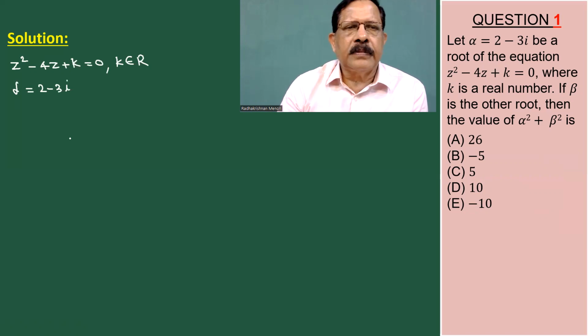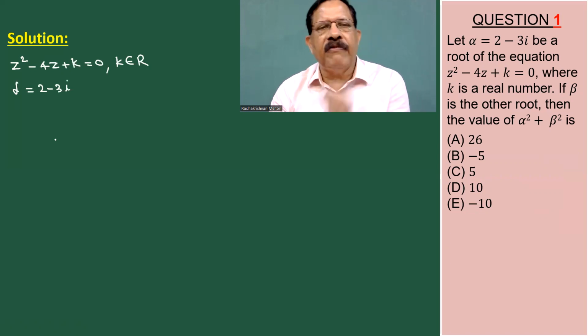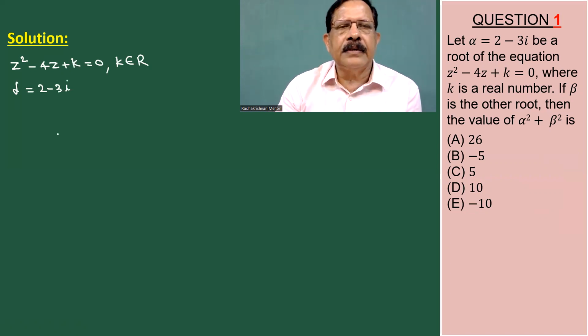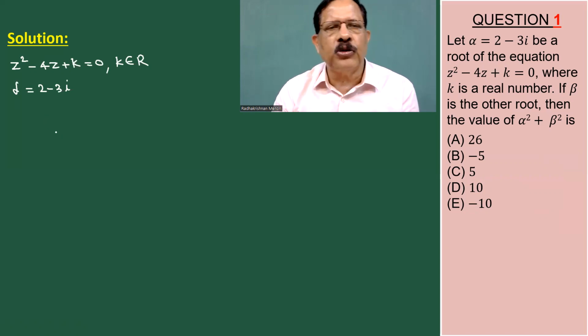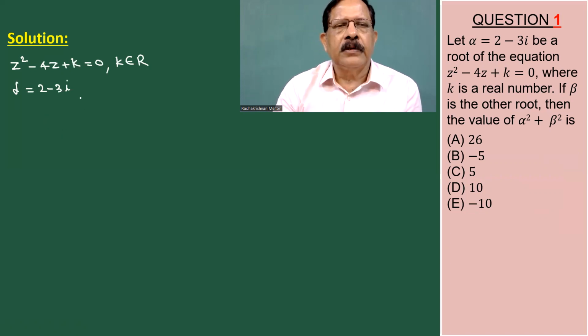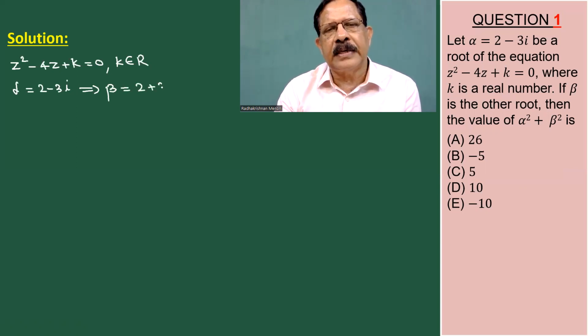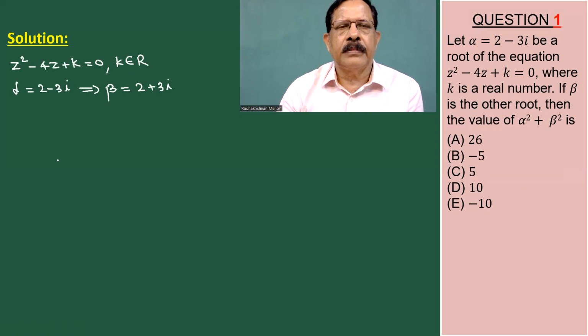You know that in a quadratic equation, if the coefficients are real, then the complex roots will be conjugate pairs. So if alpha equal to 2 minus 3i is one root, then the other root beta is equal to the conjugate of 2 minus 3i, which is 2 plus 3i.